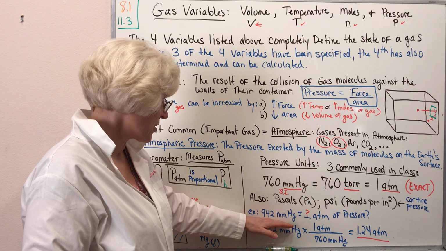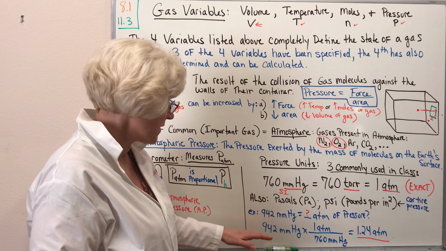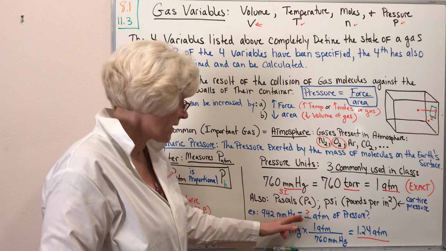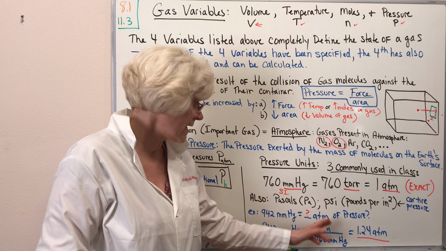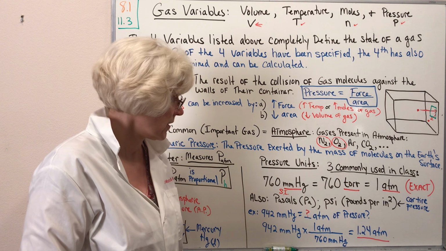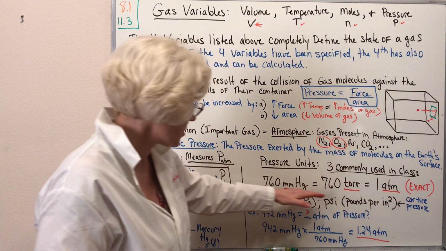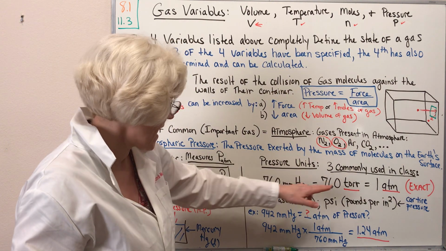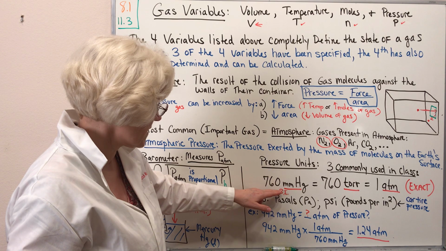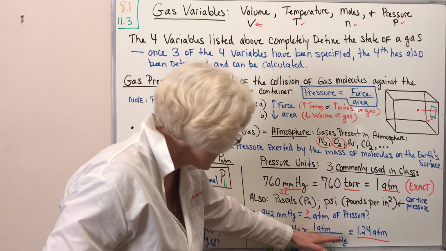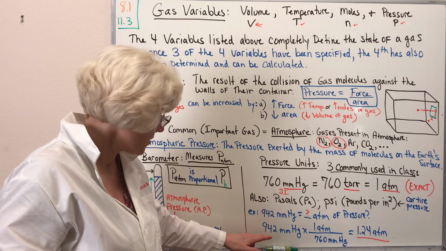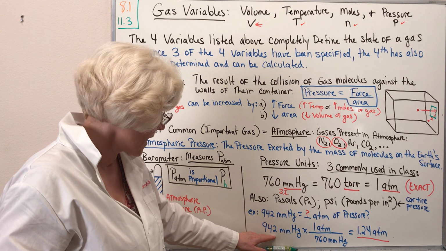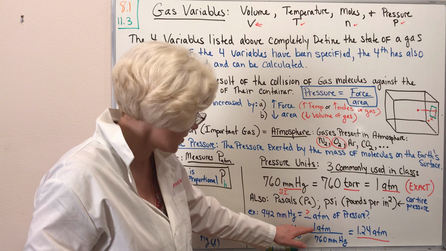So if a pressure is measured in millimeters of mercury, 942 millimeters of mercury would be equivalent to how many atmospheres of pressure? Well, here are our relationships. We see that we can make a conversion factor. 1 atmosphere equals 760 millimeters of mercury. So right down here, we do a very straightforward dimensional analysis problem. 942 millimeters of mercury.